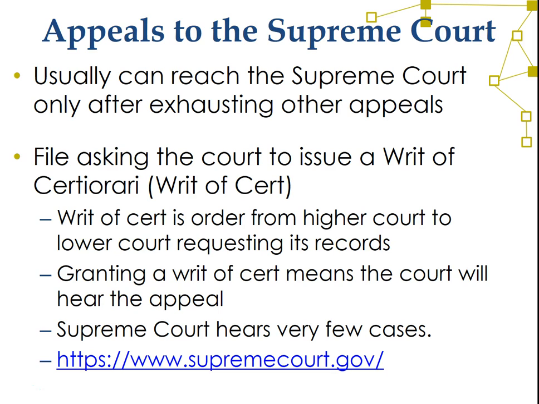Now, the chances of a hearing being granted are pretty slim. Well over 3,000 petitions are received each year, but less than 100 cases will receive full hearings. The process of requesting that the U.S. Supreme Court hear a case starts with something called a petition for writ of certiorari, frequently called a cert.